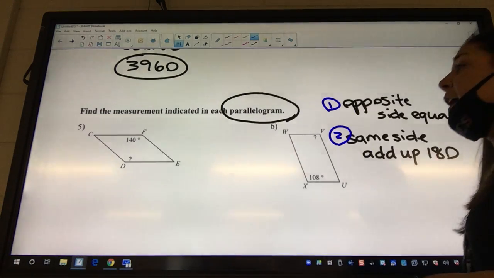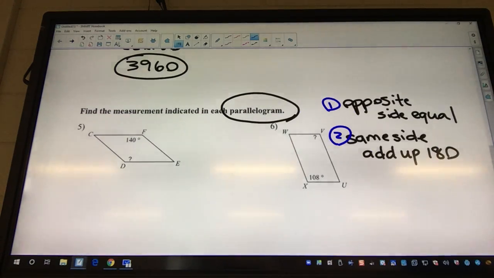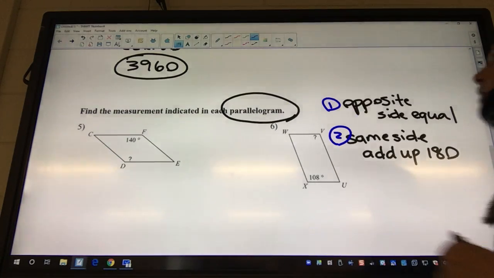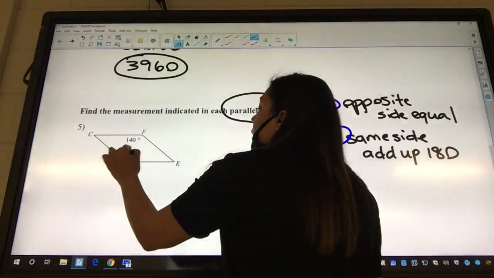So if we look at 5, are those same sides or opposite sides? Opposite. They're opposite, and so if one is 140, what does the other one have to be? 140.